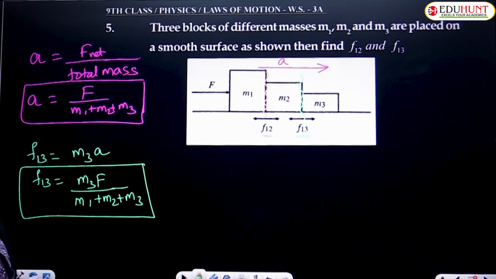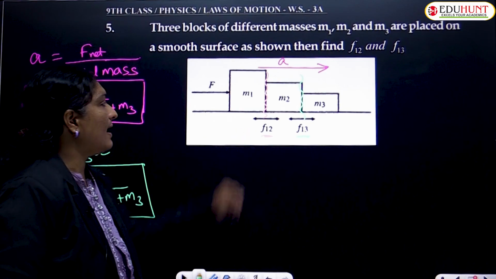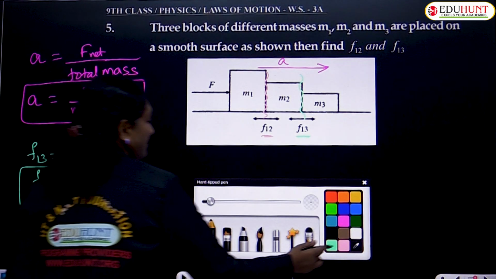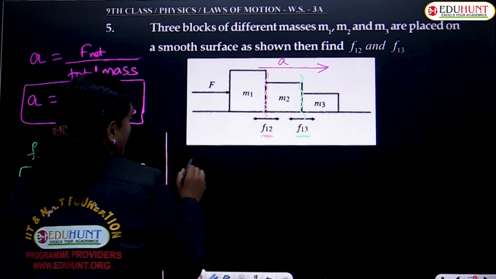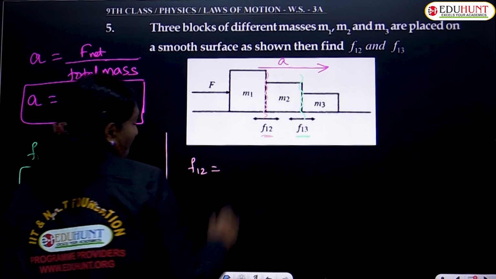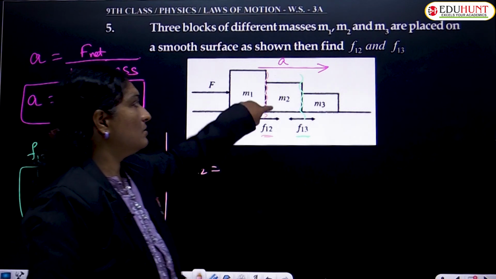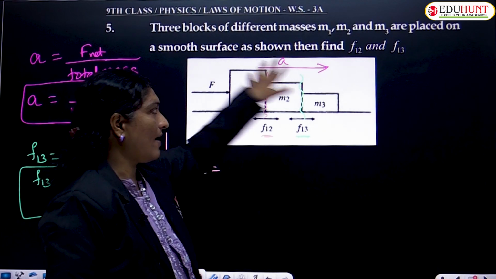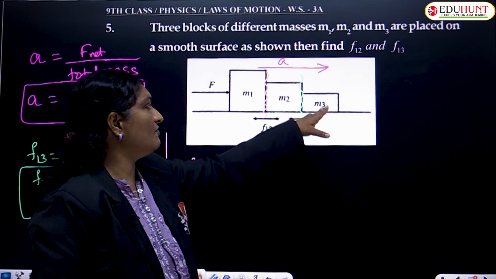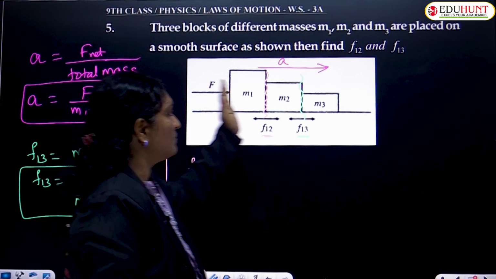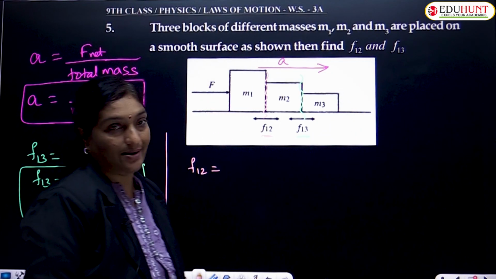You're also asked to find the value of F12. In order to find F12, identify how many bodies this contact force is acting on: two different bodies. This force pushes both blocks towards the right side.